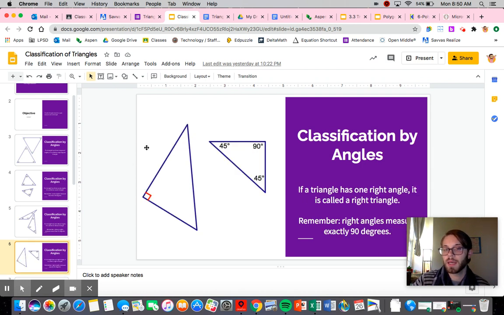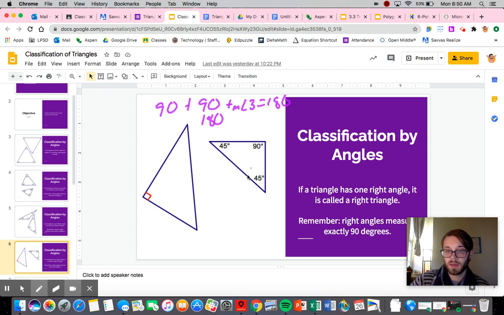The last one is if there is exactly one right angle. This is a right triangle. Again, there cannot be two right angles, because if we had two right angles, we've already hit the 180, and that would mean I would have no angle 3.